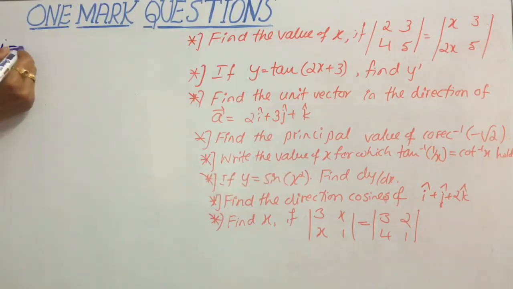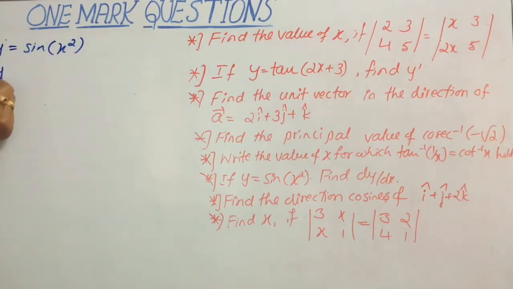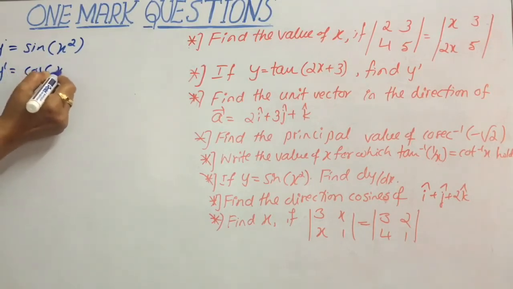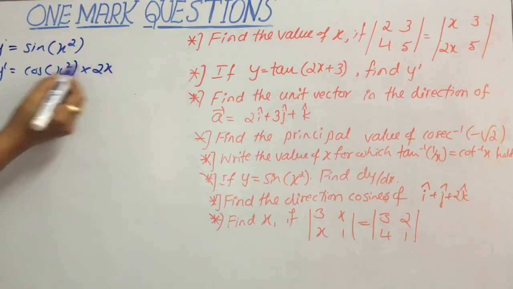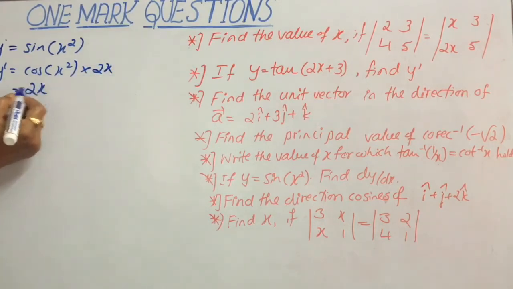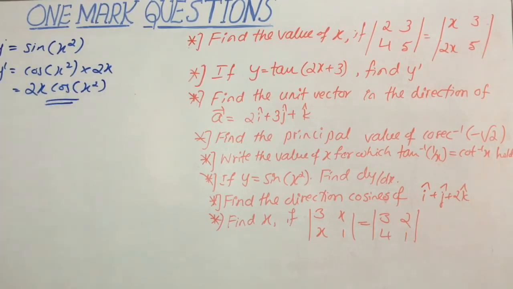So consider y is equal to sine of x square. So y dash is equal to the derivative of the outermost function, that is sine. The derivative of sine is cos of x square into the derivative of x square, which is 2x. So the required answer is 2x cos of x square.